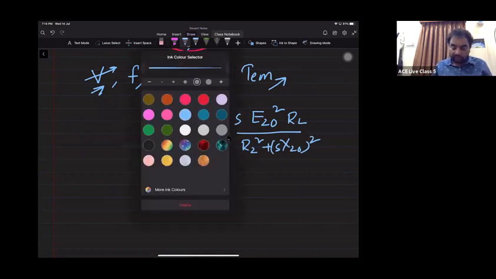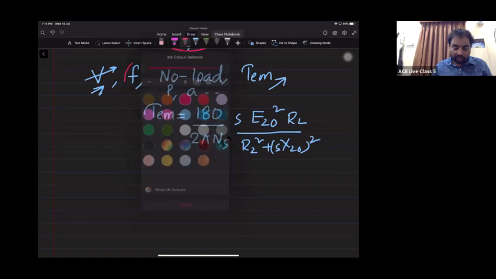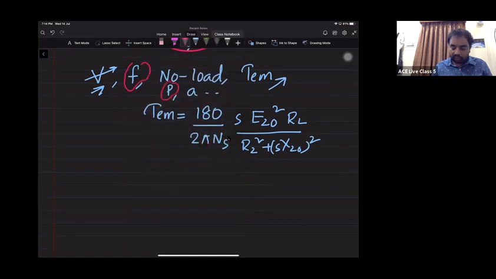So what are the parameters I'm keeping constant? Frequency is constant and poles are constant, so Ns will remain constant. Resistance is constant. Leakage reactance is constant. The motor is operating without load, which means the slip is constant.